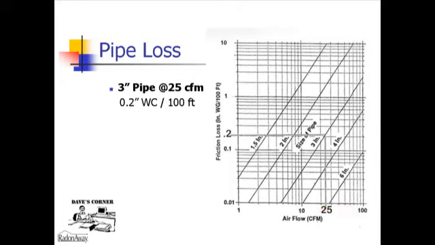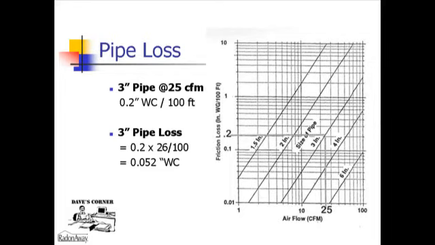And from there, we trace up until we hit the diagonal line. In this case, we're looking at 3-inch pipe. So once we hit the 3-inch diagonal line, we then follow that over to the y-axis. And we see here in this example that 3-inch pipe at 25 cubic feet per minute will generate a 0.2-inch water column per 100 feet of pipe.